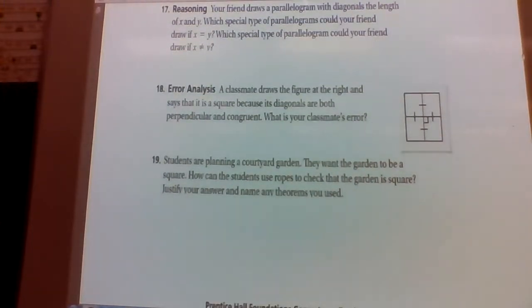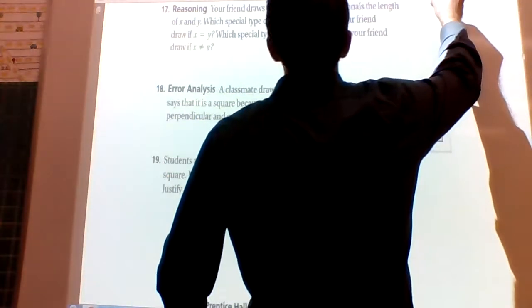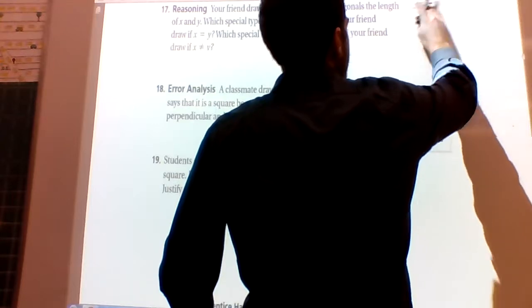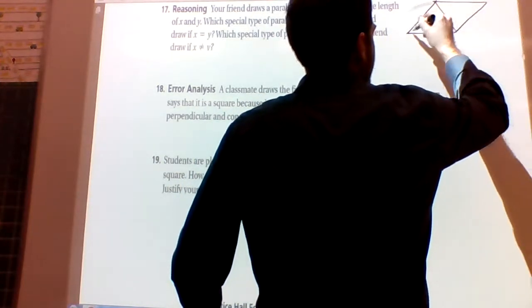All right, your friend draws a parallelogram with diagonals the length of x and y. So let's do it. Let's draw a parallelogram with diagonals of length x and y.